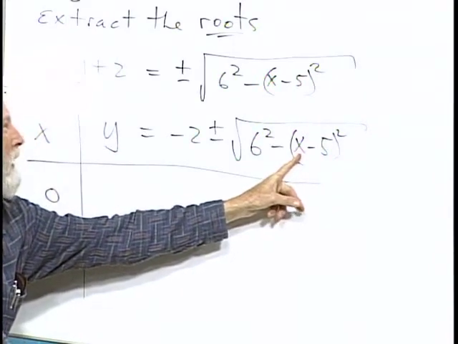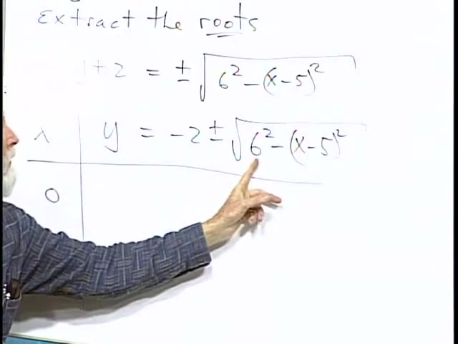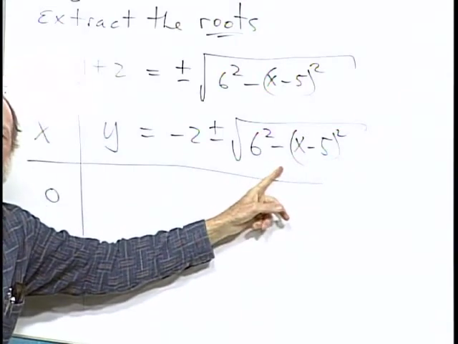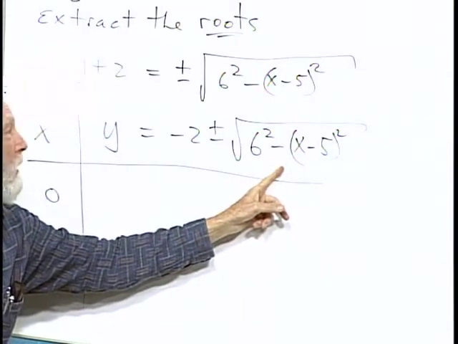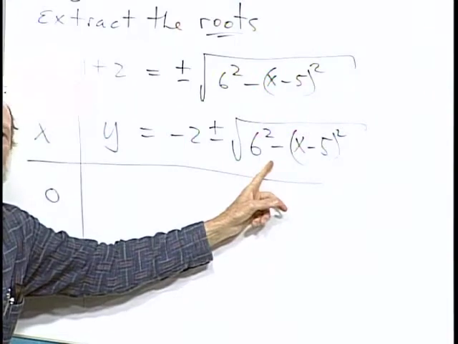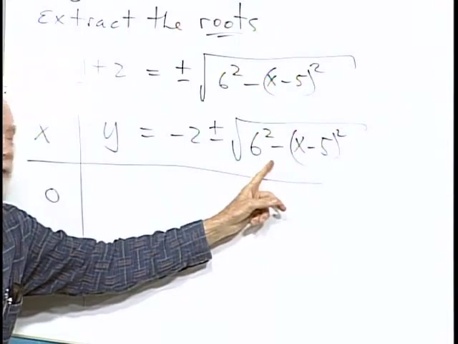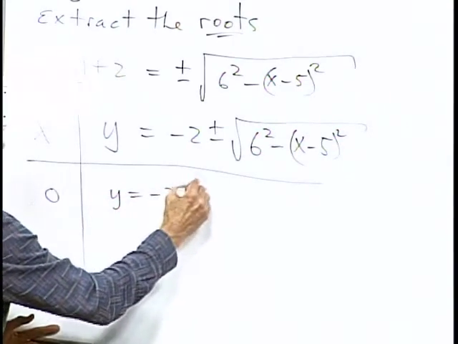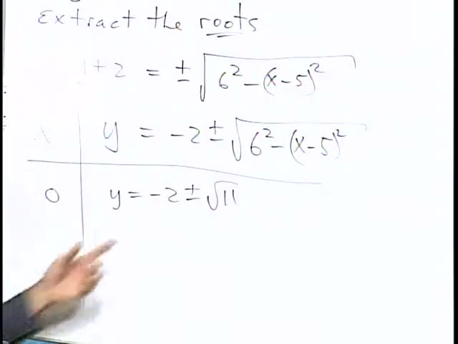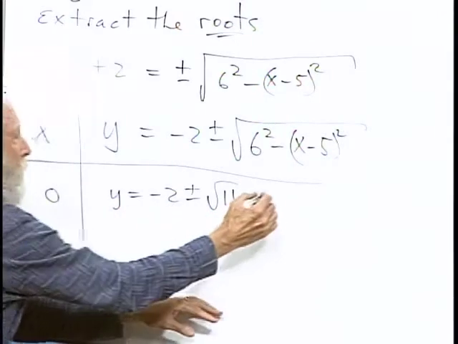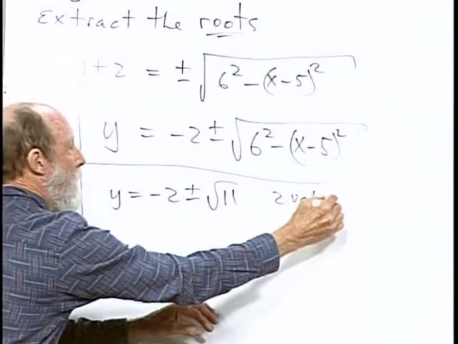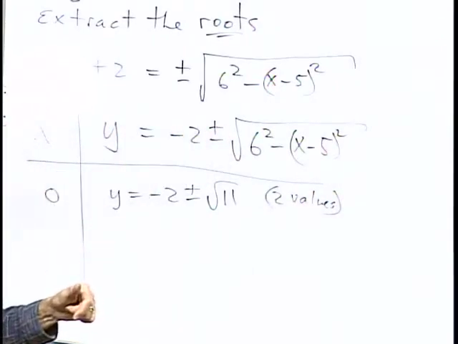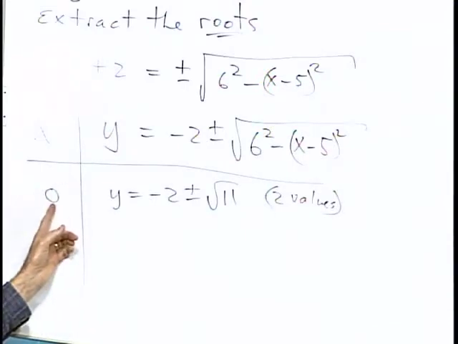You put a 0 in right here, and what are you going to get? 36 minus 25. It's positive 11, isn't it? So what we get here is y equals negative 2 plus or minus square root of 11. How many values are right there? 2 values. So this thing is not a function, is it? Because it's got 2 outputs for a single input.